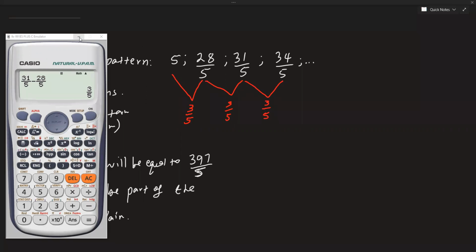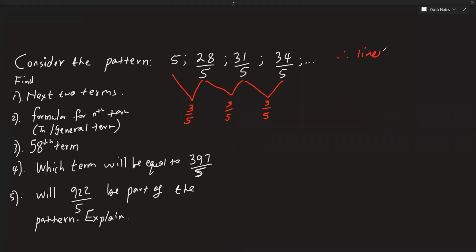So now I know that, therefore, this is linear, because of the constant first difference. This is the symbol for because, and that is for therefore.